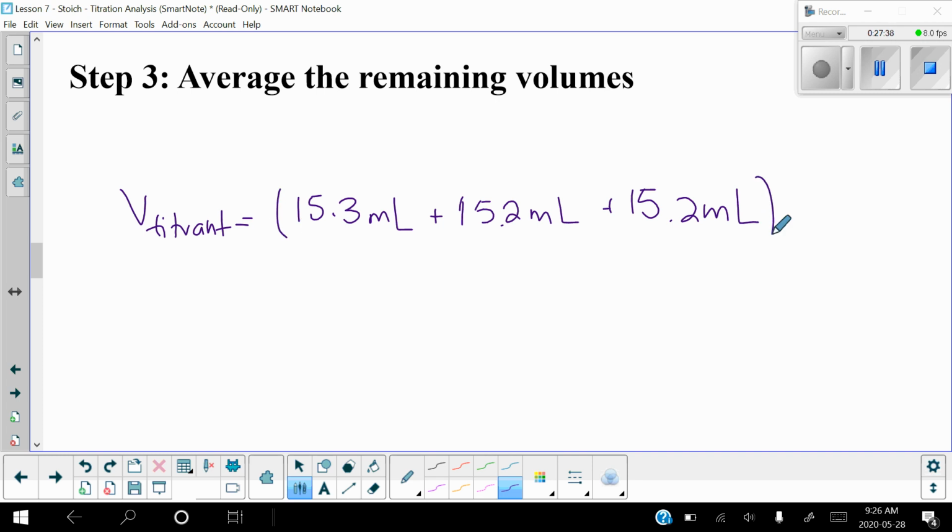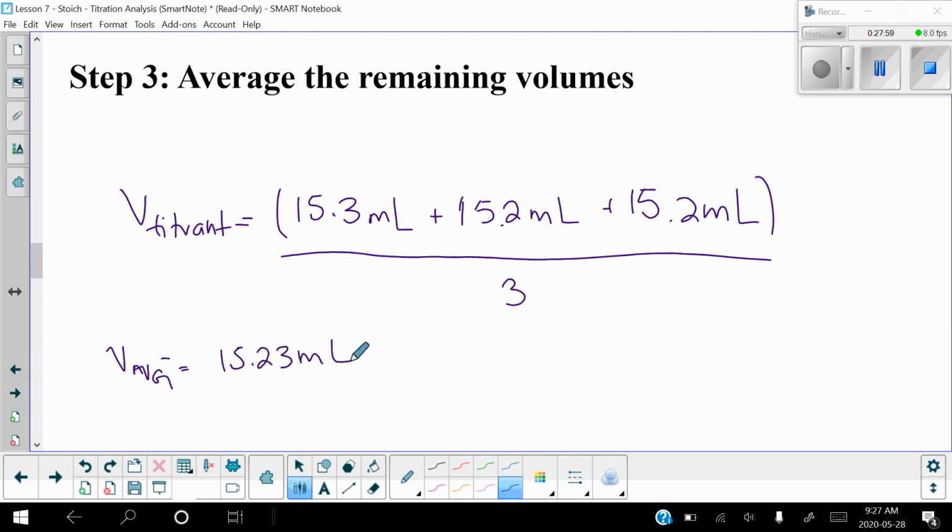You add those all up, and then you divide by how many numbers you had, which was 3. The average volume is then equal to 15.23 milliliters, which is the average volume of our titrant added.